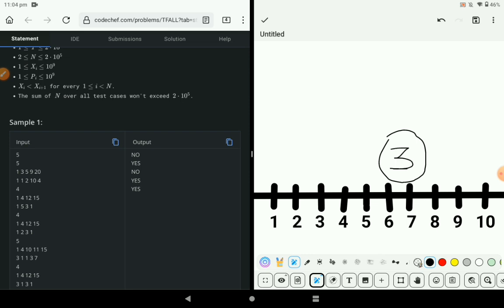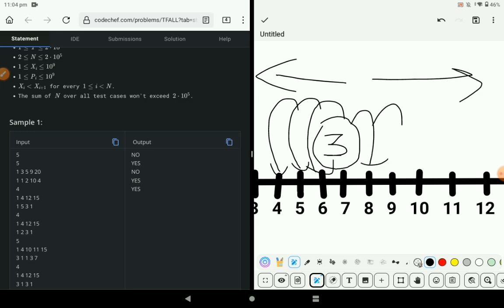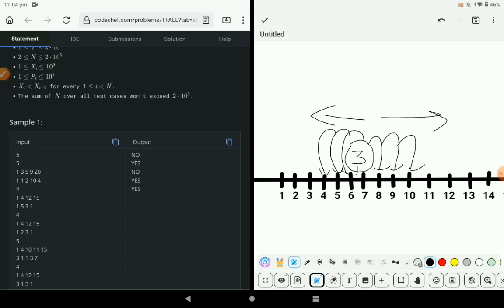So we have to move the ball 3 positions: first, second, third. We can move the ball 3 positions in either the left or right direction. Is that clear?